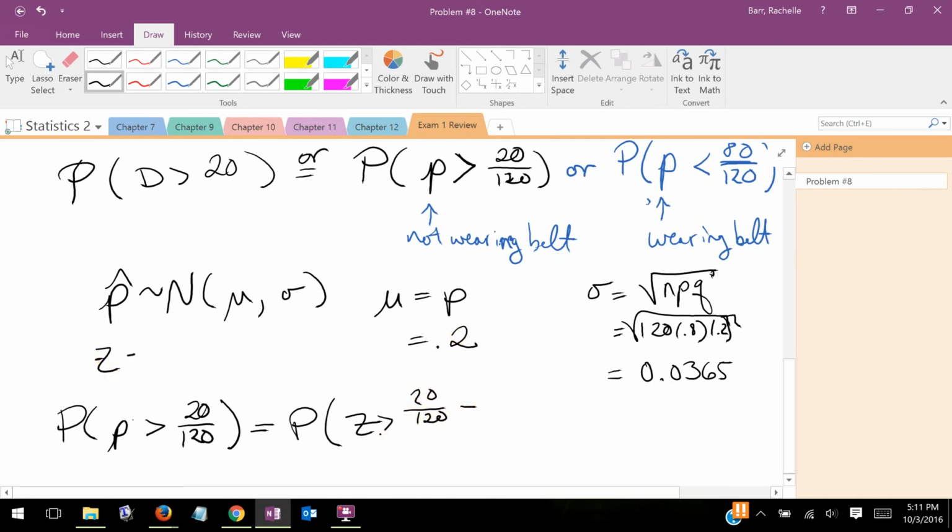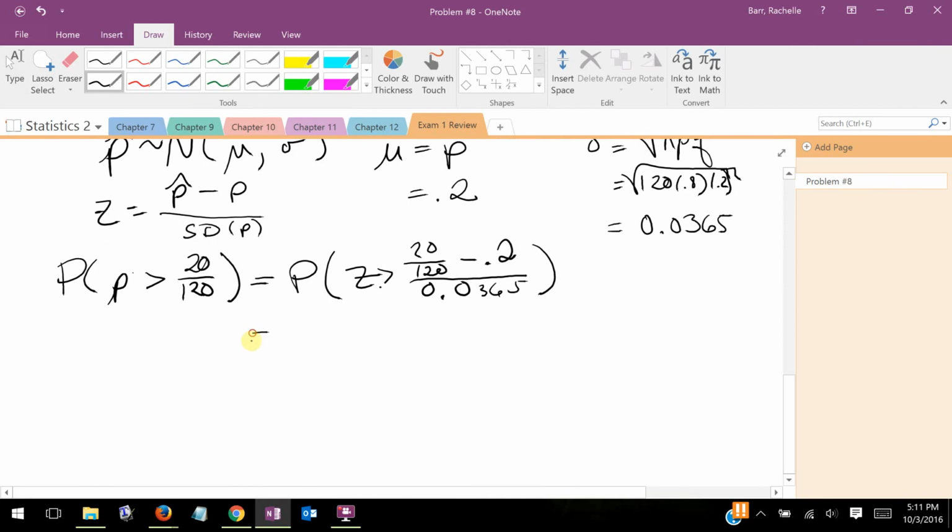The z-score for this is p hat minus your hypothesized p divided by your standard deviation of p. I was using my number of successes, which is not the right value for my mean, because it's 0.2. Okay, sorry about that. The standard deviation is 0.0365. Let's move it down a little, get some more space, and calculate that.